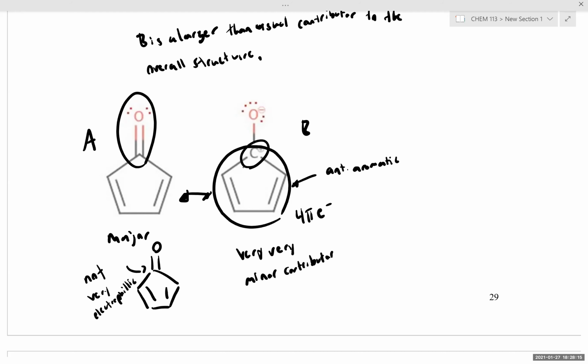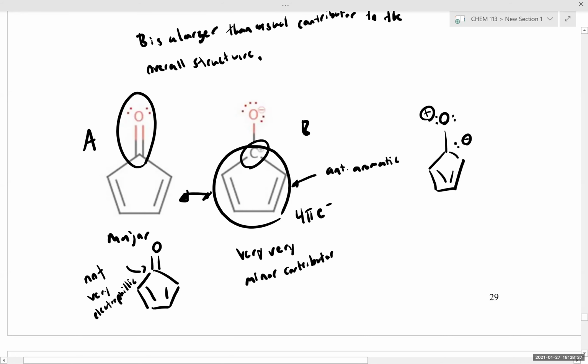The location of the negative charge, or rather the location of the lone pair, is important. And it partially explains why a contributing structure that looks really weird, something like this, actually has more weight than it would normally.